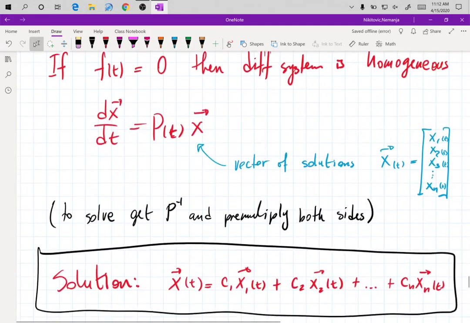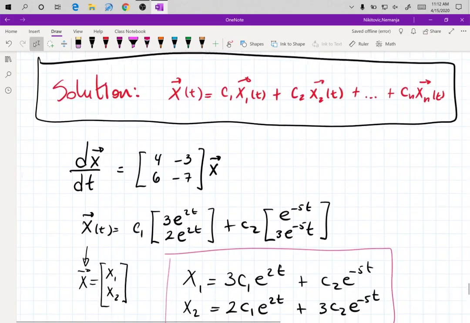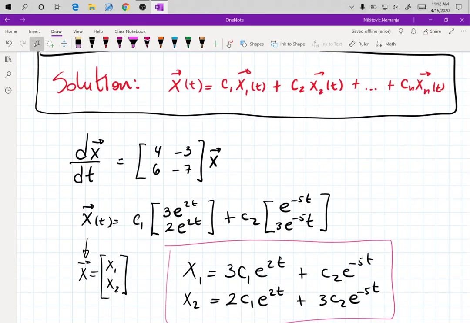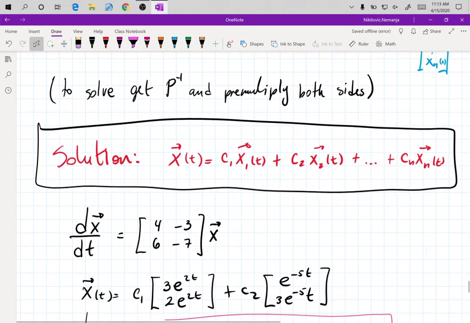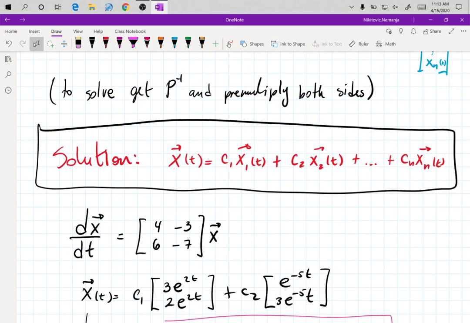We have the homogeneous system, and the homogeneous system is the one that we looked at in chapter 4. We looked at matrices with those linear systems, if you remember the operator L and so on. We can tie that in as well. Once we solve the matrix, the number of solutions will be equal to the number of rows of the linear system.